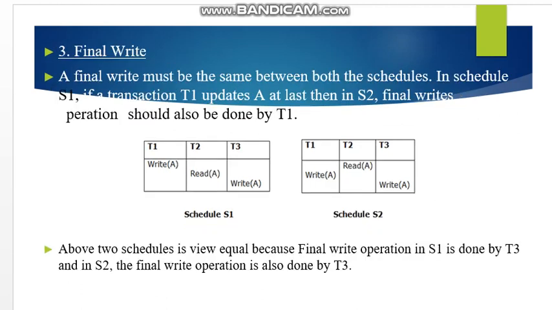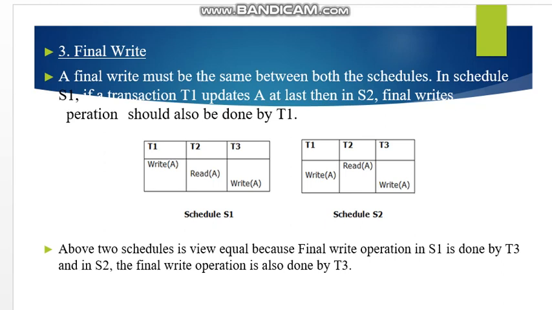And the final condition is that the final write must be the same in both schedules. In the schedule S1, if the transaction T1 updates A at last, then in the schedule S2 the final write operation also has to be done by T1.